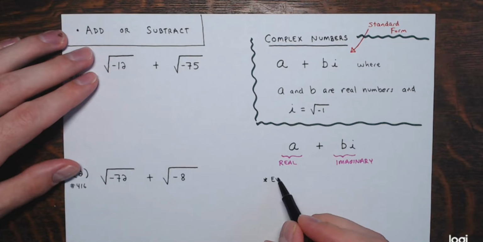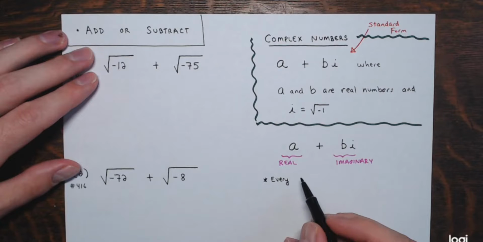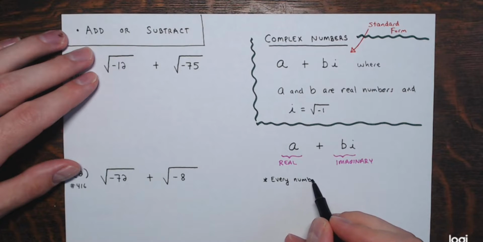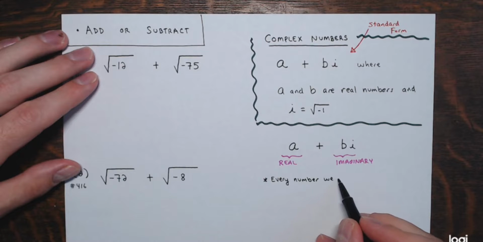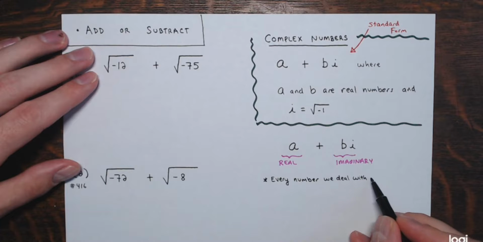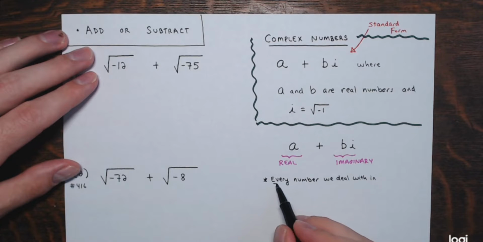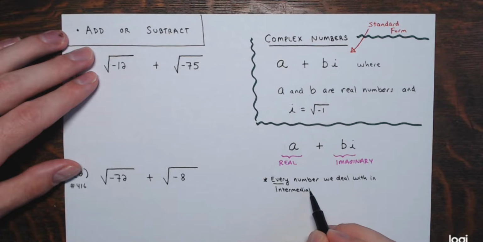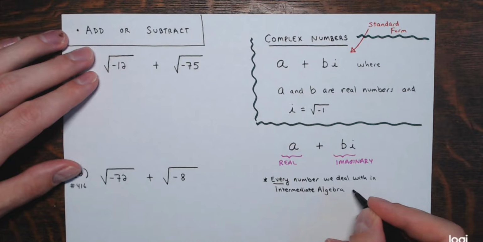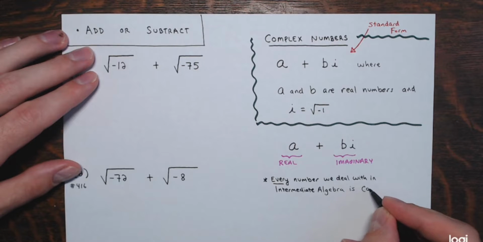So every number we deal with in intermediate algebra, or I should just say basic college algebra, is a complex number.